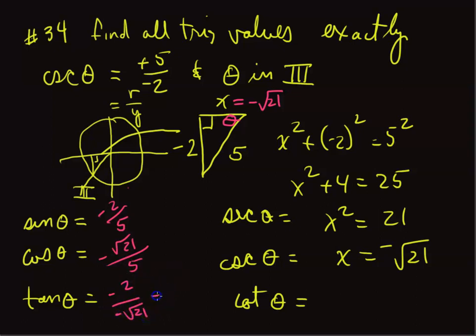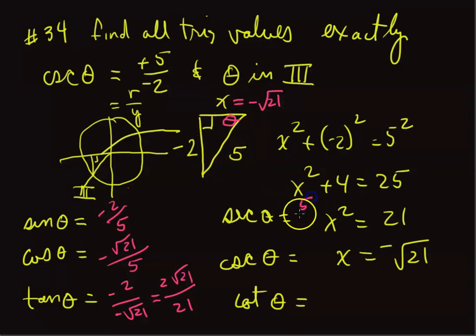So this is a negative 2 over negative square root of 21. If you're supposed to rationalize the denominator, those negatives cancel, and you're going to have 2 times the square root of 21 over 21. And nothing reduces there. The secant is the cosine reciprocal, or it is r over x.